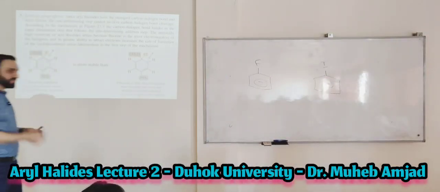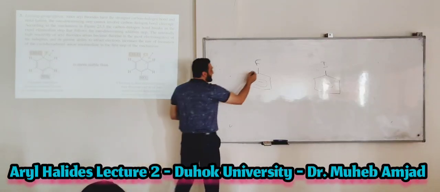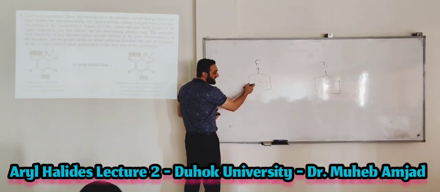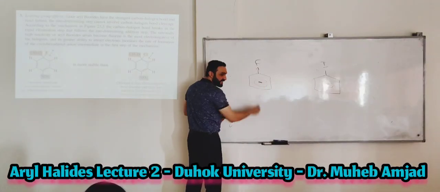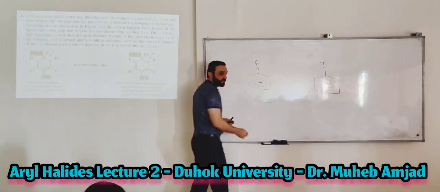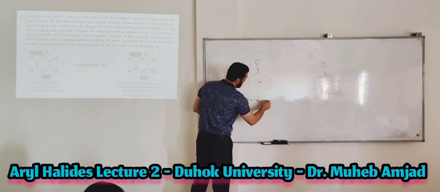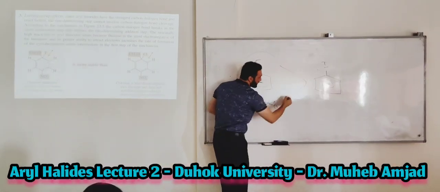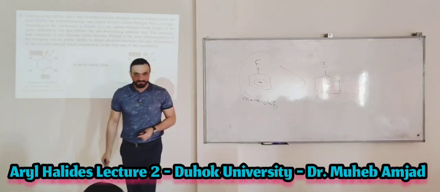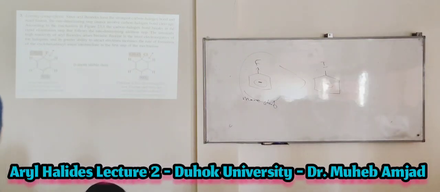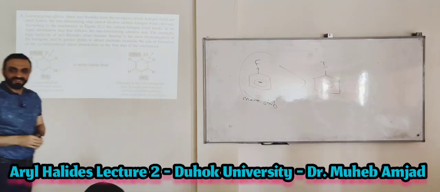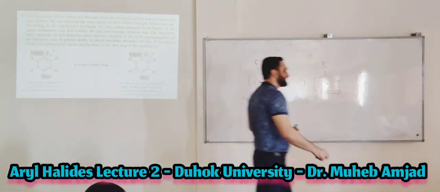Fluorine. Why? Yes, because fluorine is a highly electronegative atom. It decreases the electron density here and makes the intermediate more stable. The other is unstable.